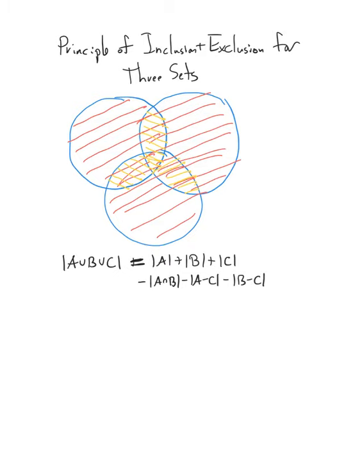But wait, if you think a little bit more, when we did that subtraction, we subtracted off this intersection in the middle 3 times. So we want it to be there.